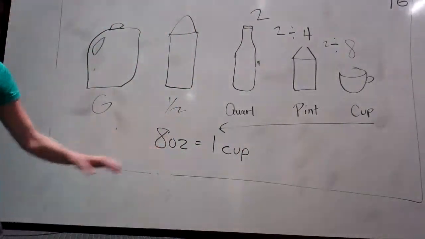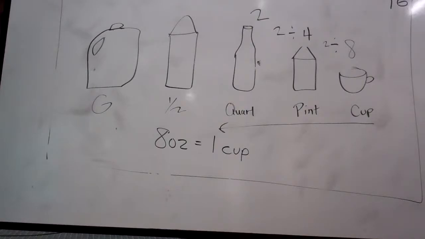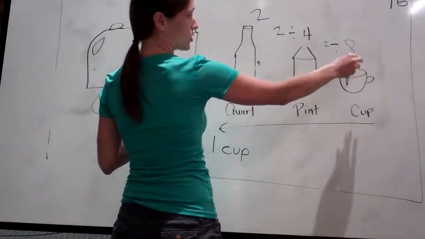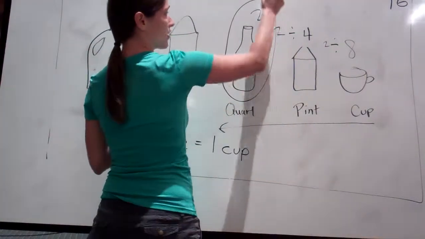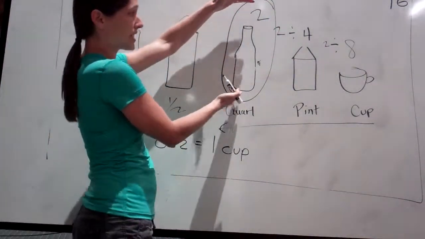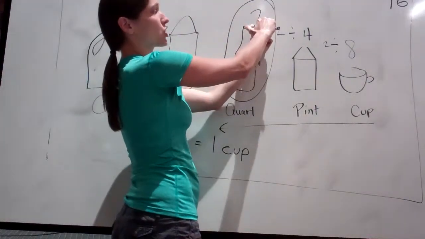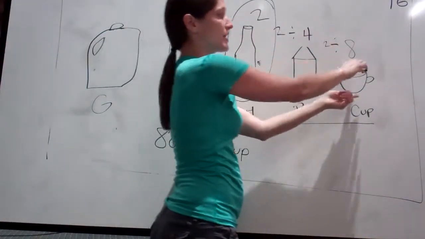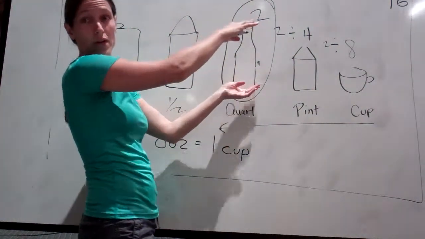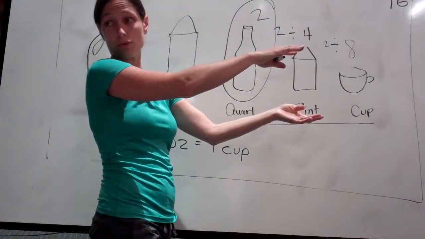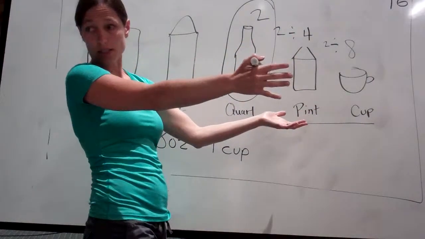They didn't tell us how many ounces were in this one, did they? No. They just told us that he drank 8 cups. So if he drank 8 of these, what we needed to do is divide to figure out how many of these there are. As you can see, because it's bigger, you're going to be getting a smaller number. This had a bunch of them, 8, so you're going to be getting a smaller number. In order to get a smaller number, what do I do? Divide, right?